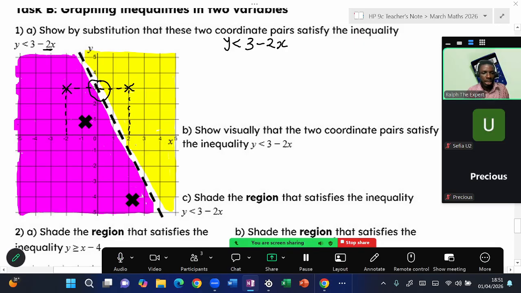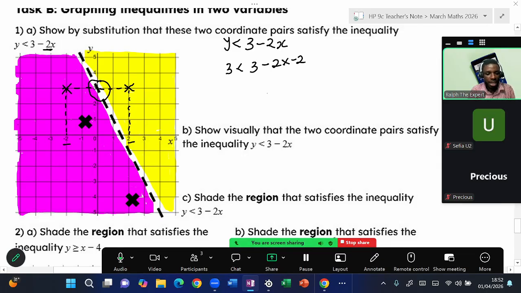Now, let's substitute the value of x, which is -2 and 2. Let's know whether the purple region is less than 3 minus 2x, or whether the yellow region is less than 3 minus 2x. So y, which is 3, we already know y, is less than, we substitute x, 3 minus 2 times -2, right?